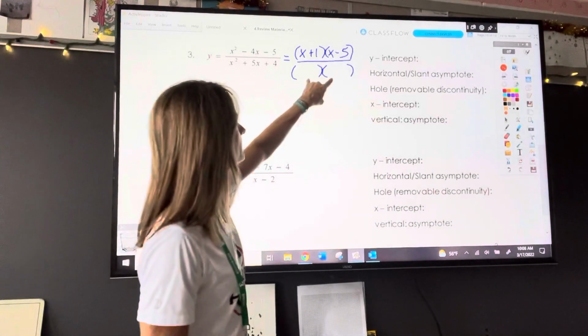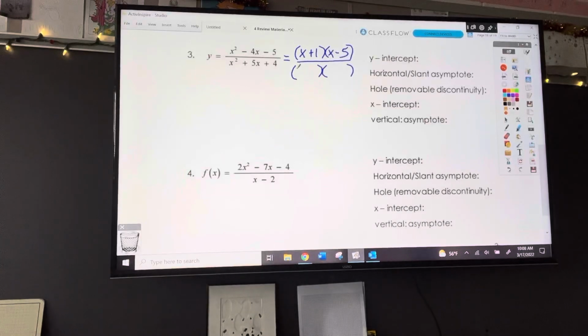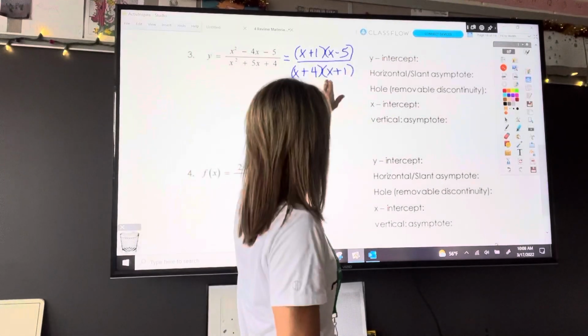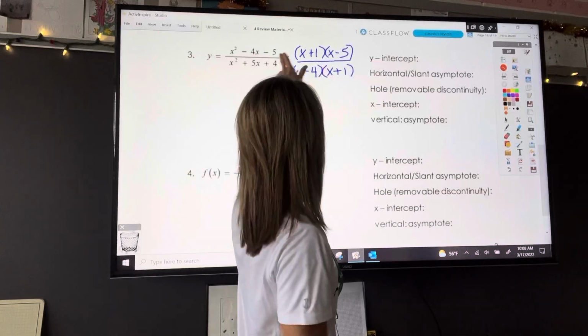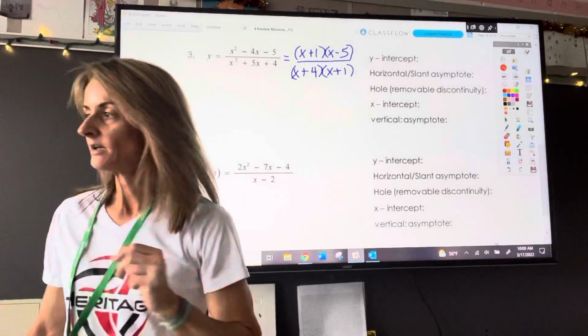All right, let's do the denominator. That's going to be plus plus, and 4 and 1. Because for the outer and the inner, we have 1x plus 4x for a total of 5x, and then 4 times 1 is 4. We good on the factoring?